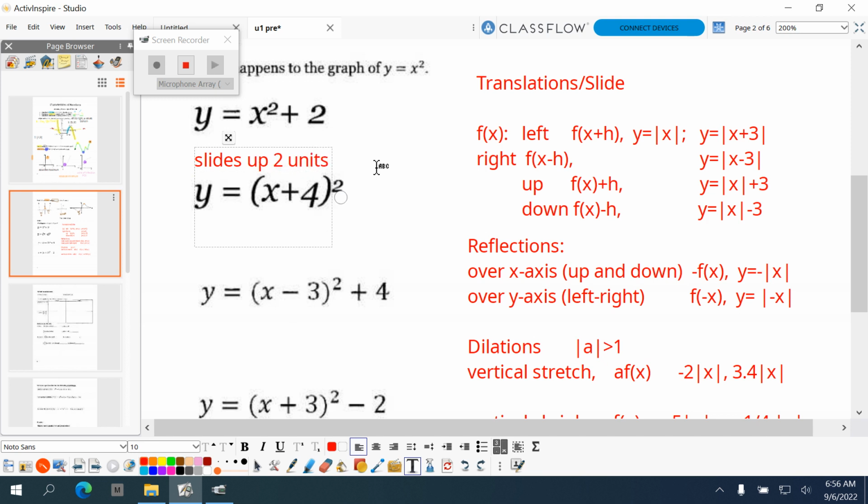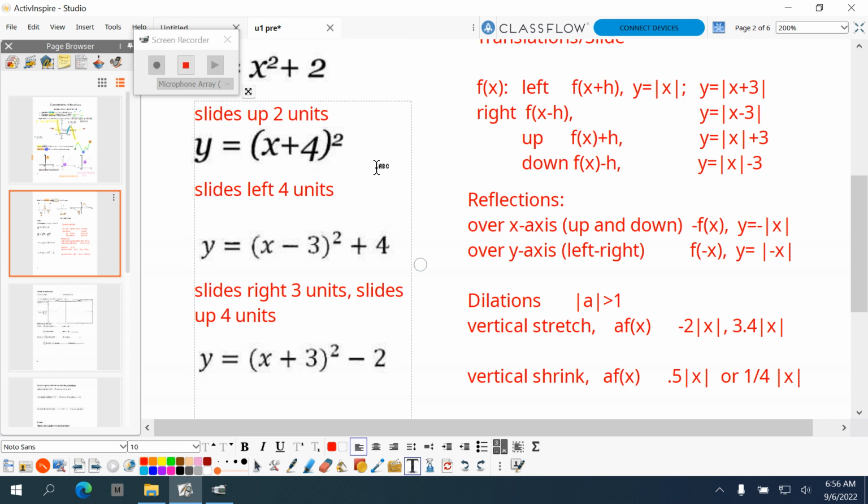Look at this next one. It's inside, it's added, so it slides left 4 units. Right here slides right 3 units. And then it slides up 4 units. Okay?